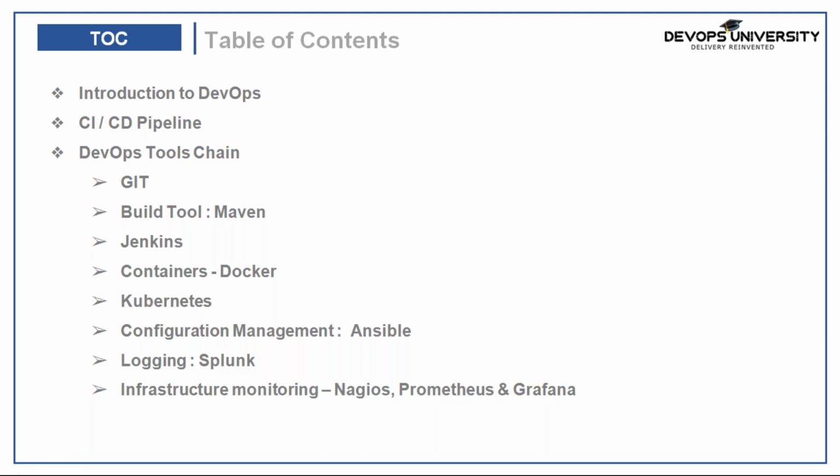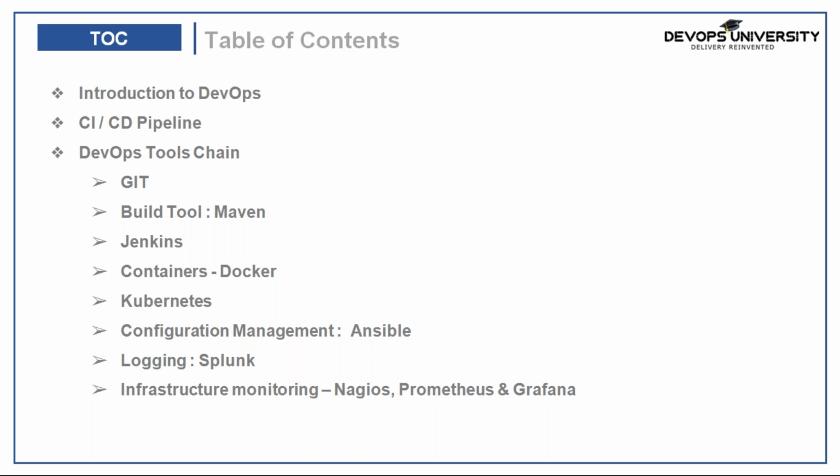Now to realize the concept of DevOps, there are so many tools, starting from code management tools like Git, build tools like Maven, and one of the globally and widely accepted tools, Jenkins, which takes care of continuous integration and continuous deployment. It is more of an orchestration tool.